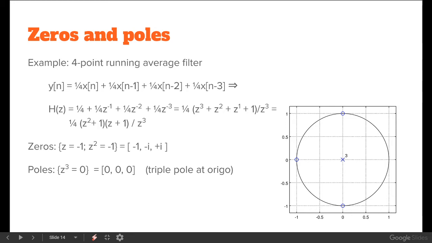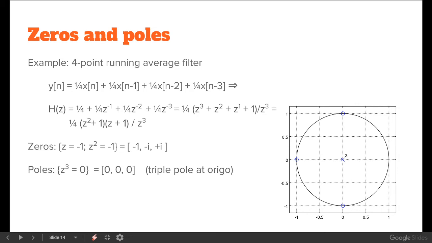Okay, but an example again. The 4-point running average filter has this transfer function in positive index form: z cubed plus z squared plus z plus 1.